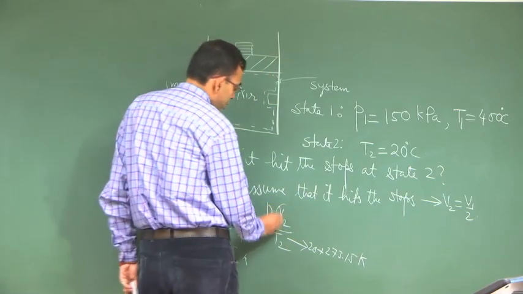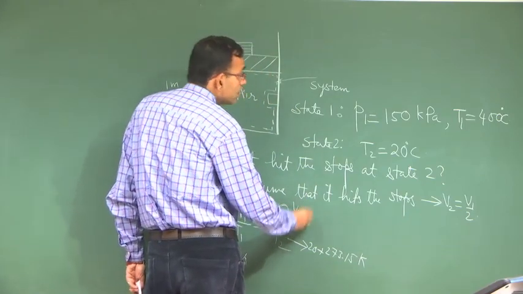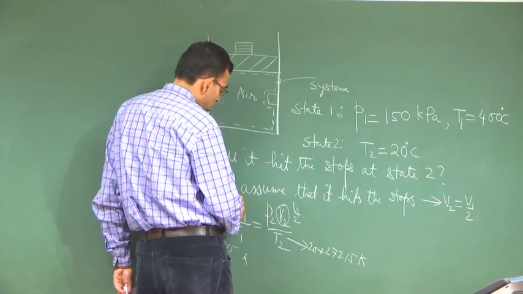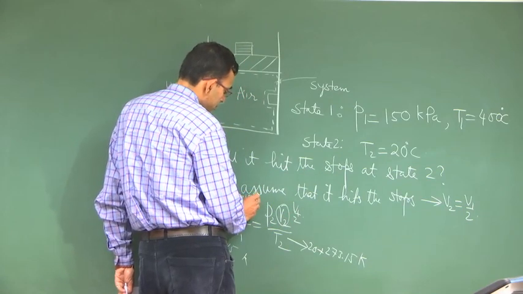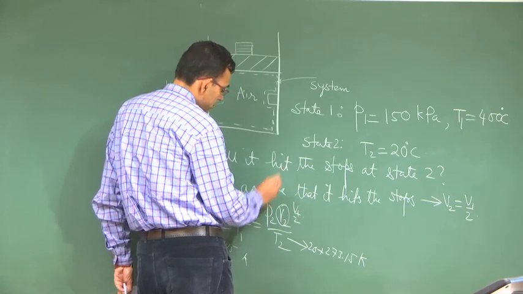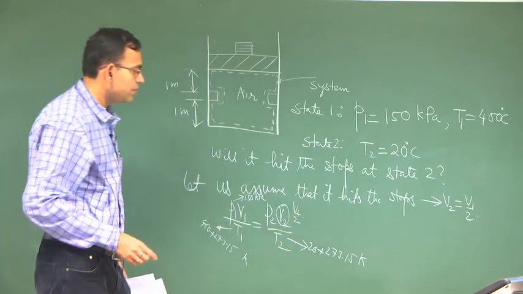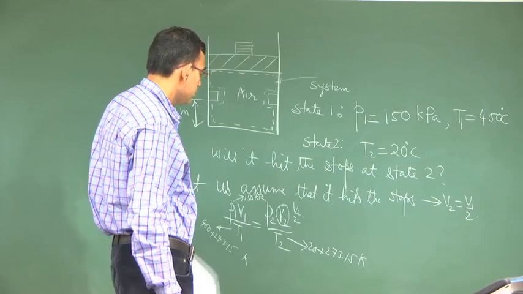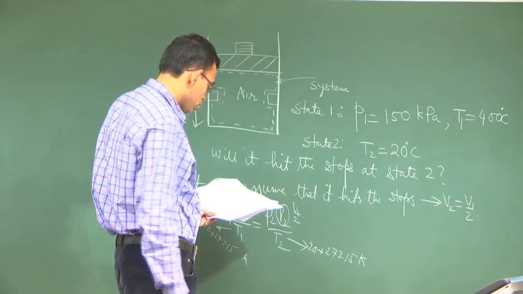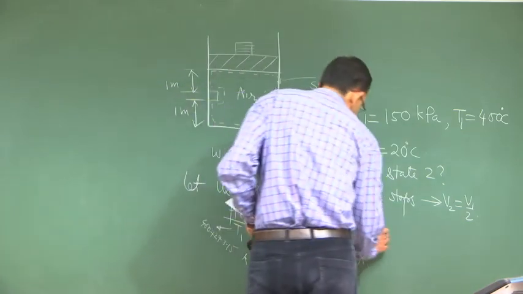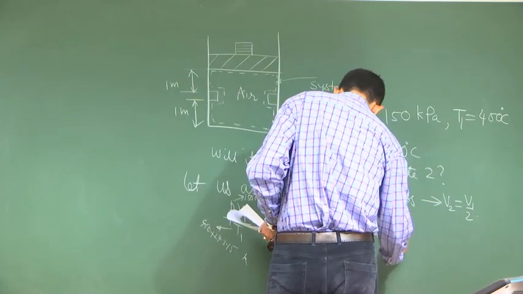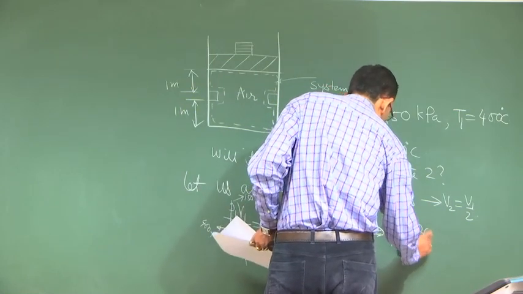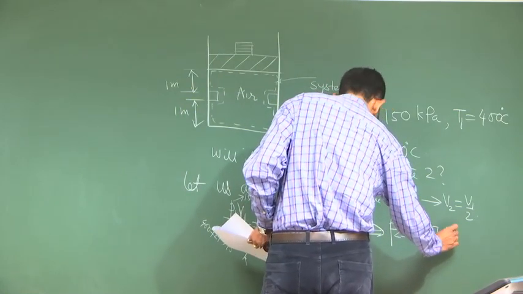V2 is V1 by 2, P1 is 150 kilopascal. So, from here you can calculate what is P2. If you calculate, P2 will come out to be 130.7 kilopascal.